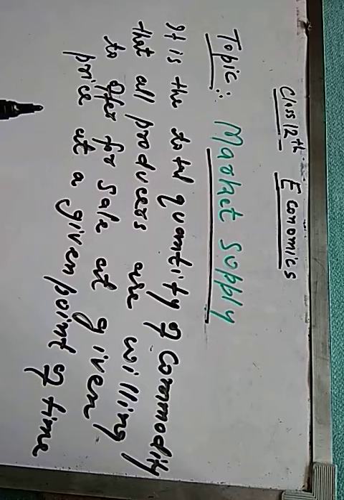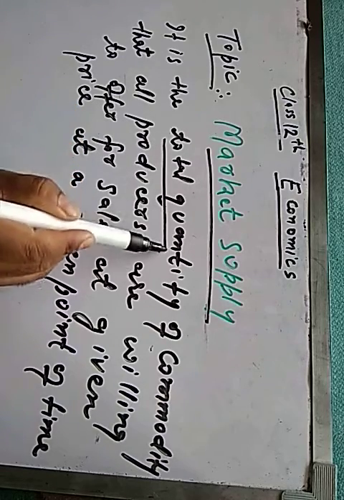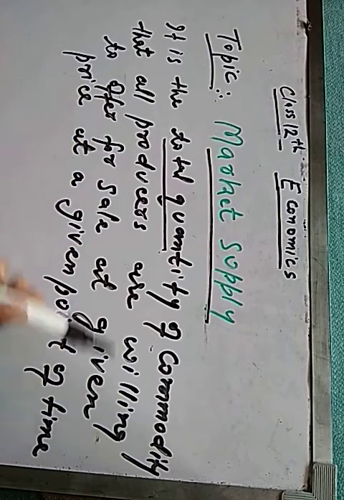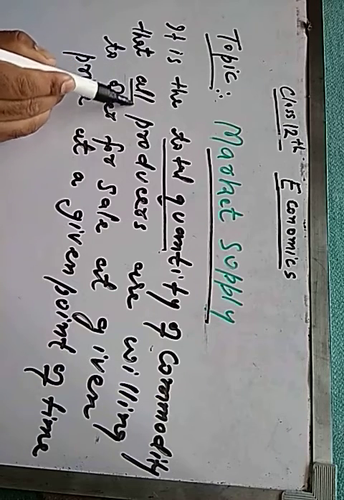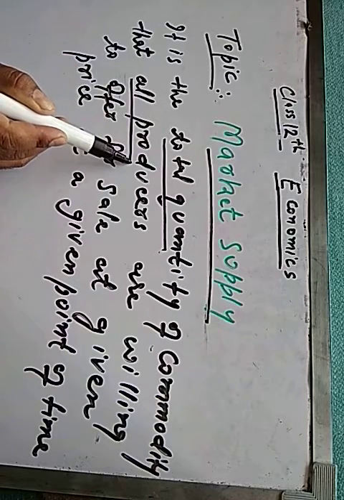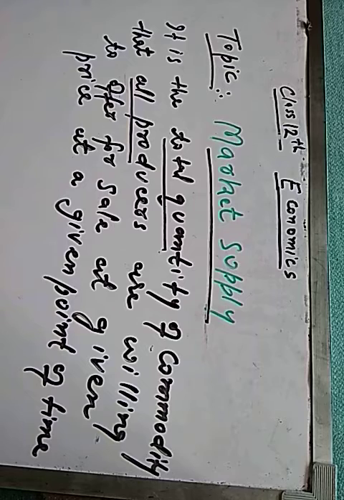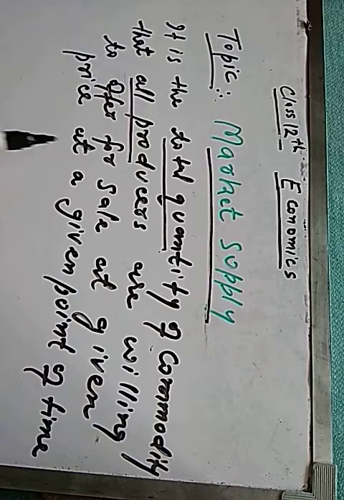But in case of market supply, we write total quantity of a commodity that all producers are willing to offer for sale. इसमें हम हर एक प्रोड्यूसर की सप्लाई लेते हैं at a given prices.